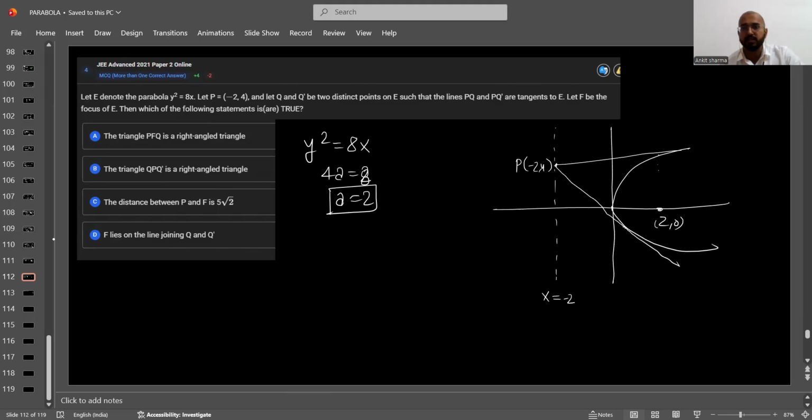So I know that these two tangents are perpendicular. And then let F be the focus of it. So this is F here, this is Q here, and this is Q dash here.